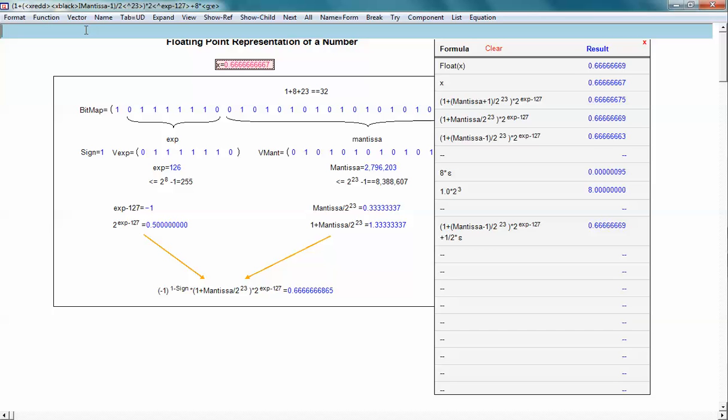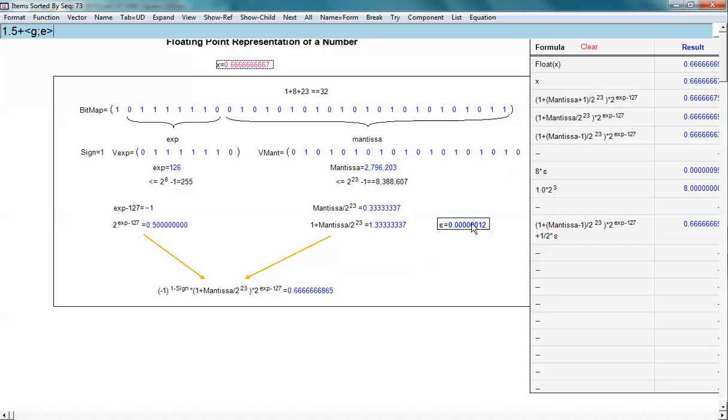So we'll say 1.5 is one machine number plus epsilon over 2, and that will give us a real number halfway between two machine numbers.